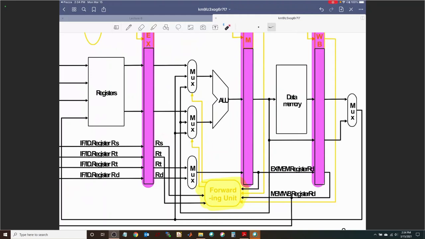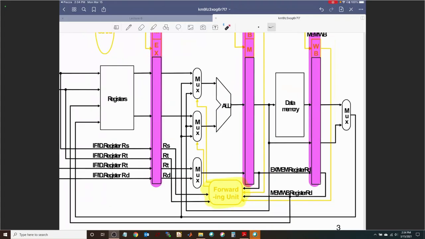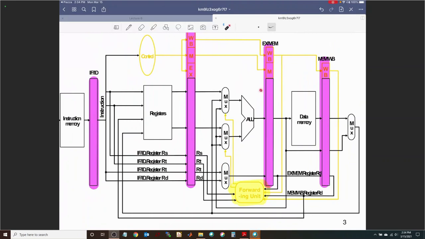Depending on that, we were able to do either an EX/MEM forwarding or MEM/write back forwarding. Essentially the idea is if things are ready right after the ALU, we will try to forward that content instead of waiting for later stages, right? So that was what forwarding was.